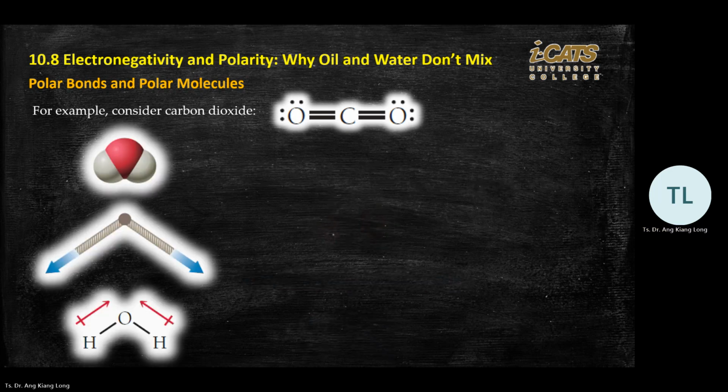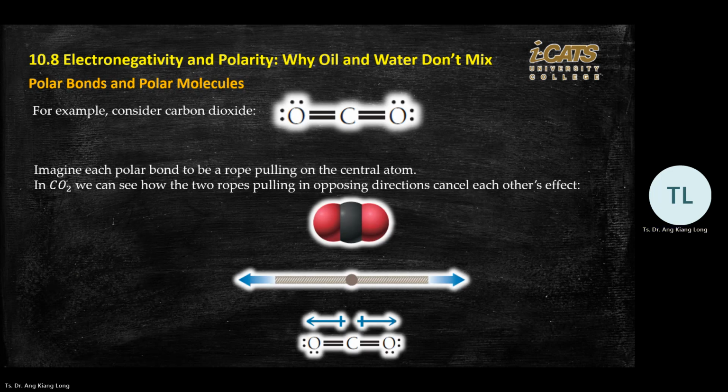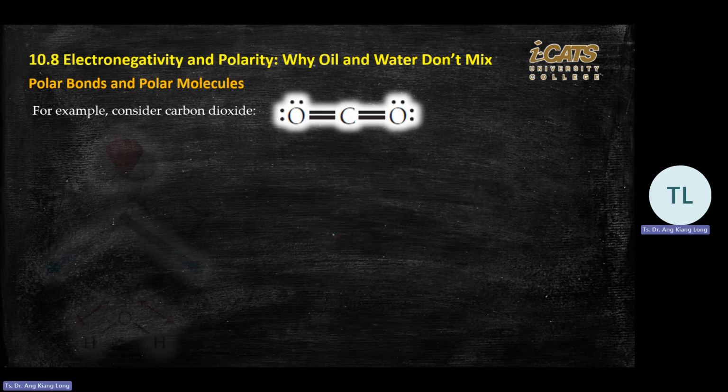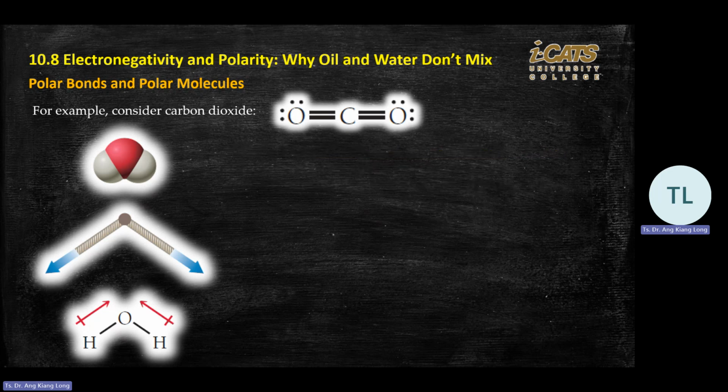Okay. CO2. Another one is water, H2O. You know that the shape is bent, right? When it's bent, it will pull to one side. You see how we write it with the blue arrow.